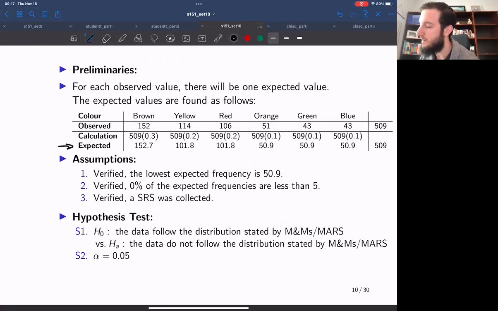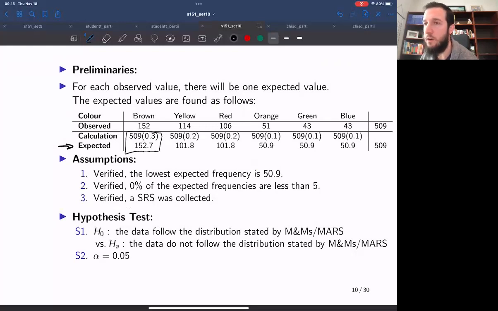So the expected number of brown M&Ms in the 3 bags would be 509 times 0.3. Because if it's true that 30% of the bag should be brown, then 30% of our sample should also be brown. So 509 multiplied by 0.3 is 152.7.